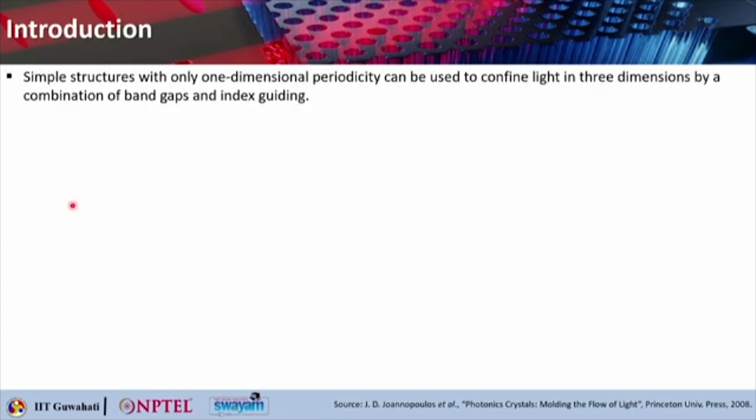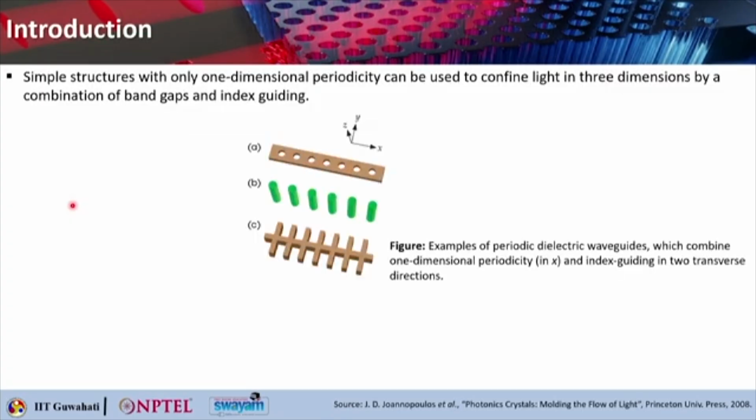So simple structures we have seen already with one-dimensional periodicity can be used to confine light in 3 dimensions, and that uses both the photonic band gap feature as well as index guiding in the other 2 orthogonal directions. If you remember, as we discussed earlier, this is an example of 3 different periodic dielectric waveguides.